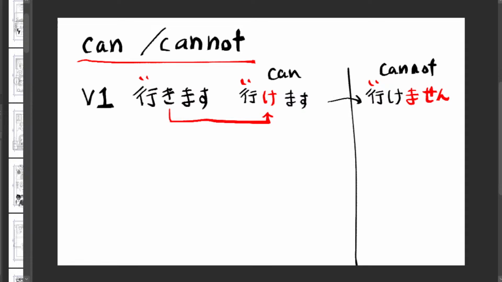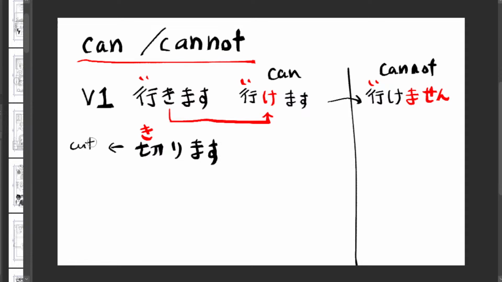Okay, so next, for the second verb, it is kirimasu. I'll put hiragana on top of this. Kirimasu means cut. You cut some cabbages or some potatoes, you use the verb kirimasu.